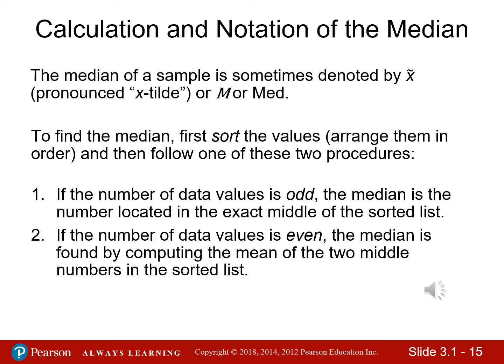If the number of data values is odd, the median is the number located in the exact middle of the sorted data list. If the number of data values is even, then the median is found by computing the mean of the two middle numbers in the sorted data list.